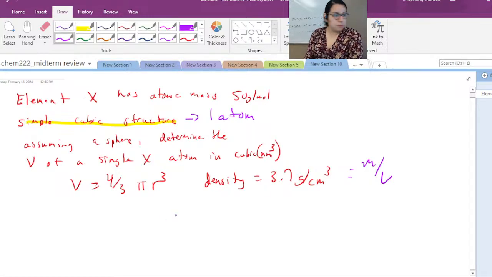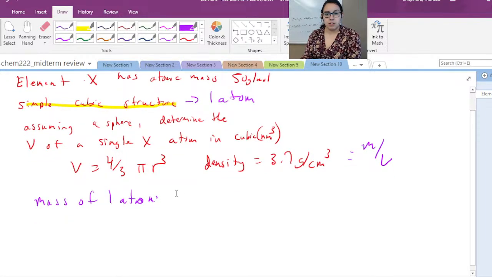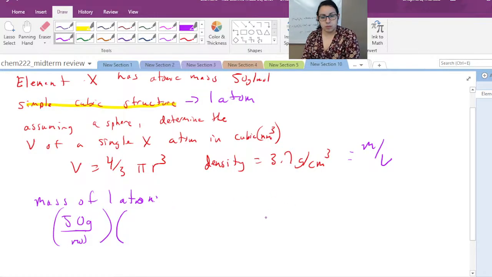So how's our problem going? Did we find the mass of one atom? Yes, and what we found was 8.303 times 10 to the negative 23rd grams.